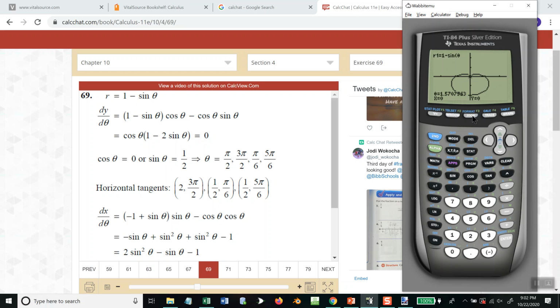I'd have to zoom in for you to see it. Let me zoom in again. Zoom in again. I guess that's about as good as it's going to get. The trace. We're looking at pi over 2, which is more or less right there. Why did they drop the answer?